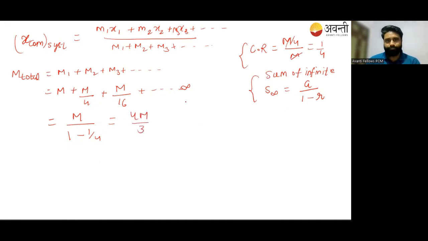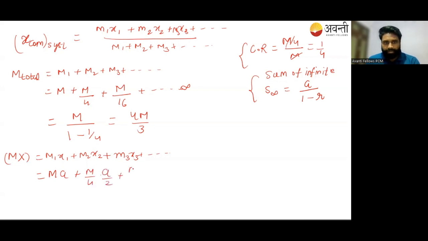This is the total mass. Now the upper part, which is M x final, is m1x1 plus m2x2 plus m3x3 up to infinite. m1 is M, x1 is A, plus m2 is M by 4 and x2 is A by 2, which is M A by 8, then M by 16 times A by 4, and so on.